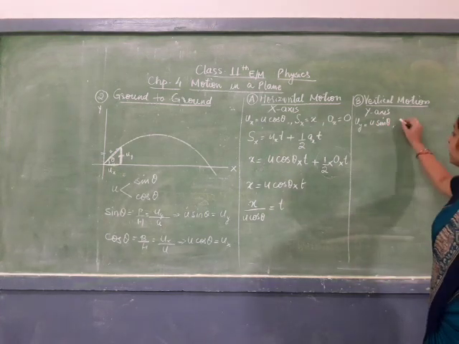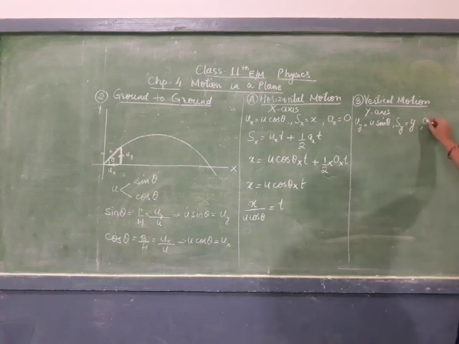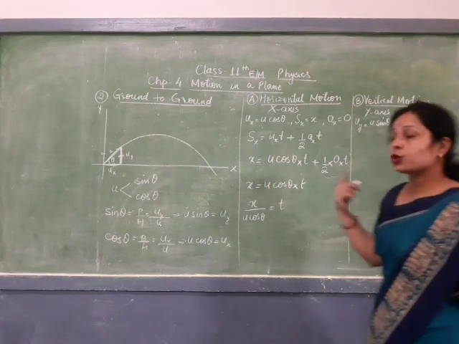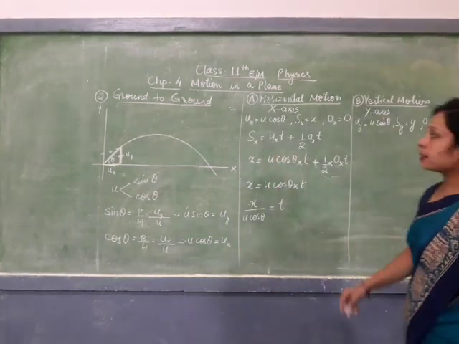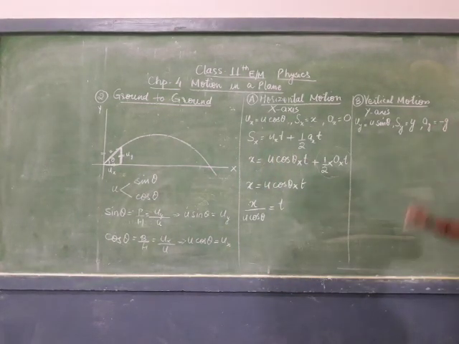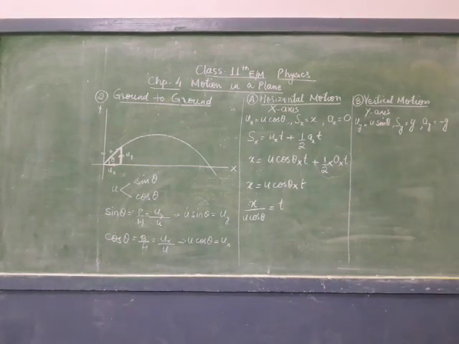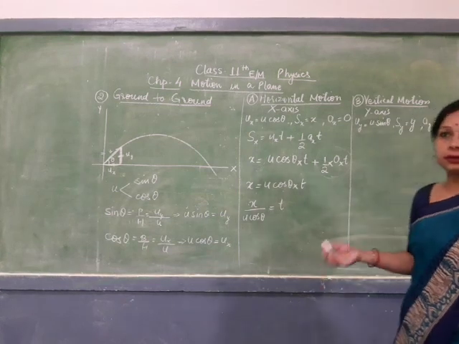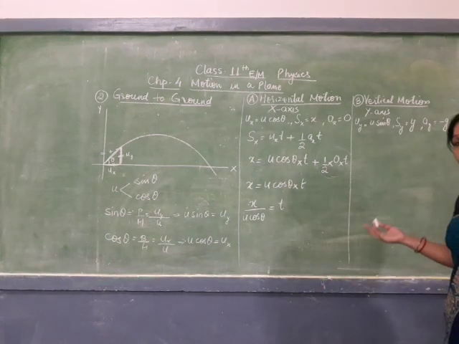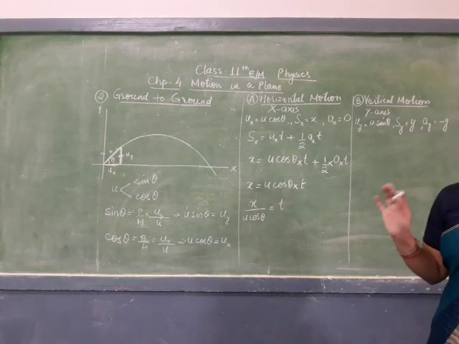Second, the displacement with respect to the y-axis will be y, and the acceleration due to gravity, because you are throwing an object in the upward direction, will be minus g. Why is it taken as minus g? Because the object is thrown opposite to the earth's pull. So it is thrown upward, and when it is thrown upward, the acceleration due to gravity will be negative.